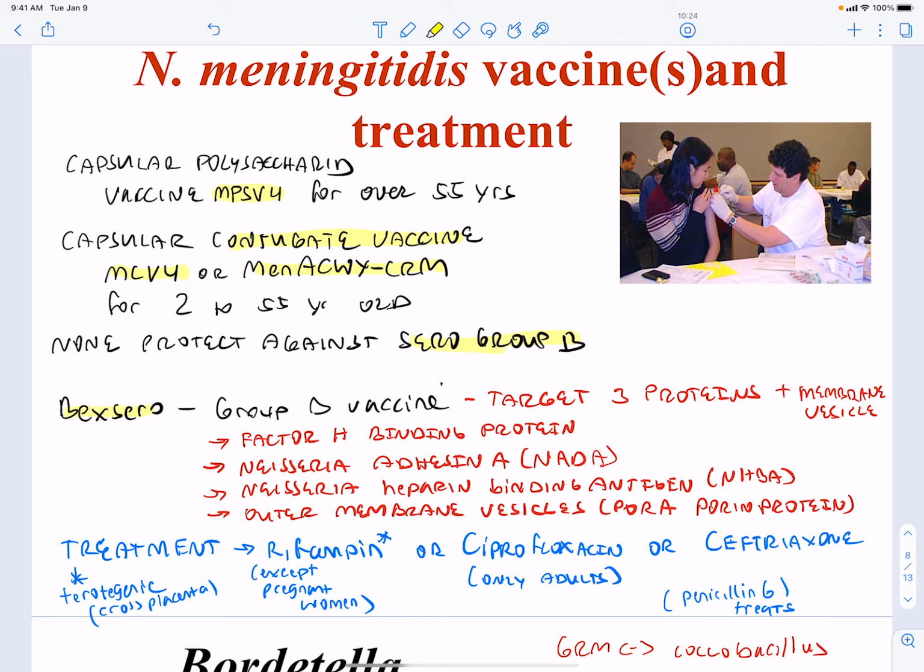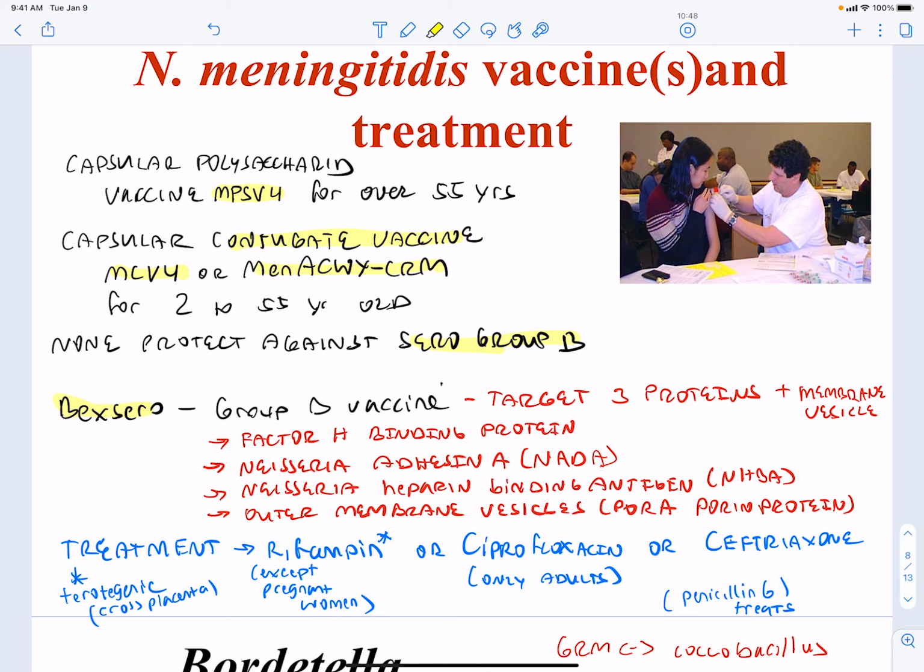There is a vaccine that targets serotype B. One of the reasons you cannot use a capsule associated with serotype B is because it is closely related to the glycoproteins in your brain that have sialic acid on them. And so you get cross-reactivity of the antibodies generated to serotype B with those proteins in your actual brain.